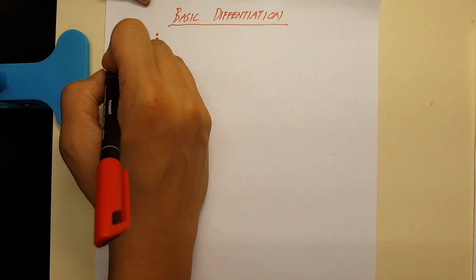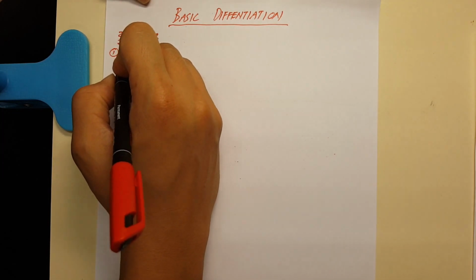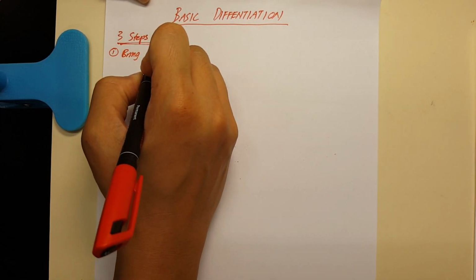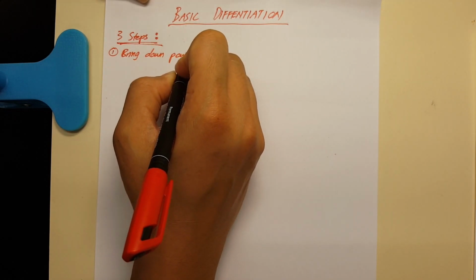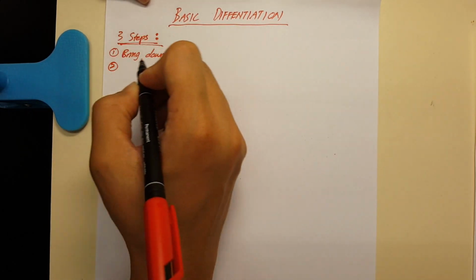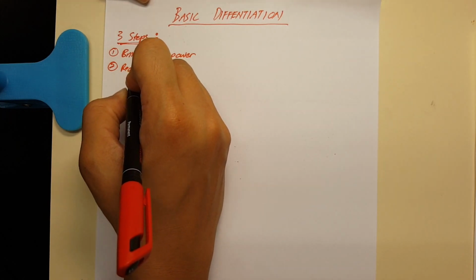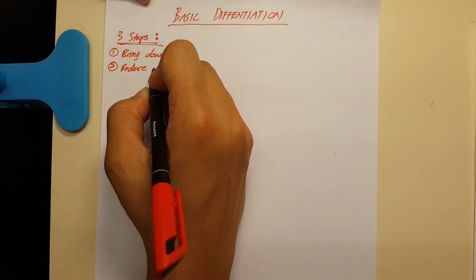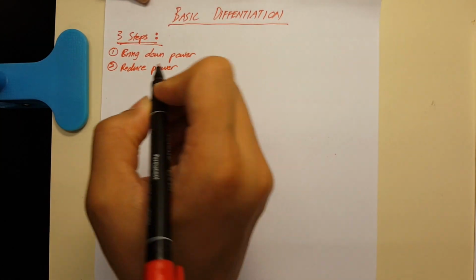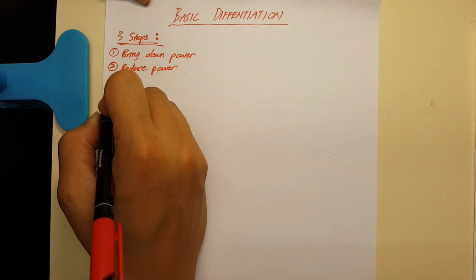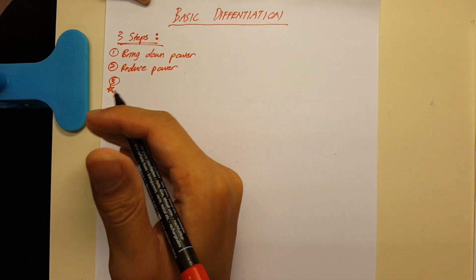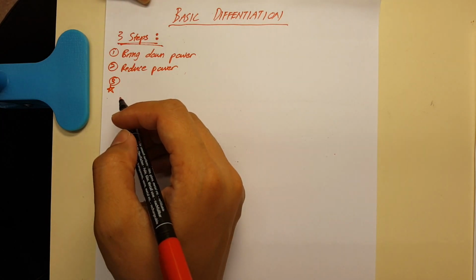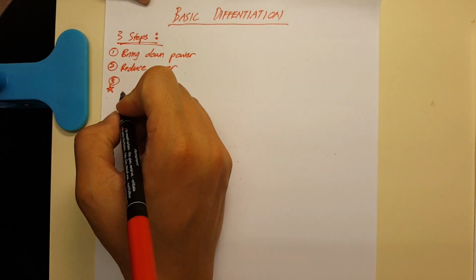The first one is to bring down power. Second, reduce power. The third step, I'm going to explain later on what the third step is all about. You do not need it in some of the questions.